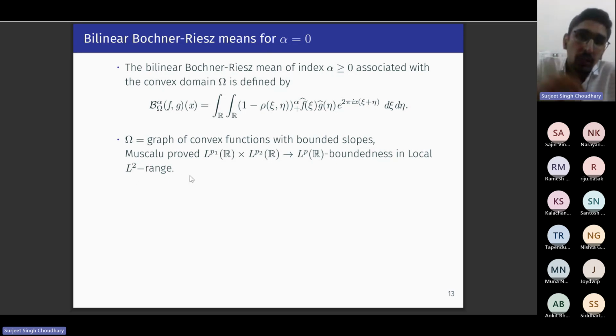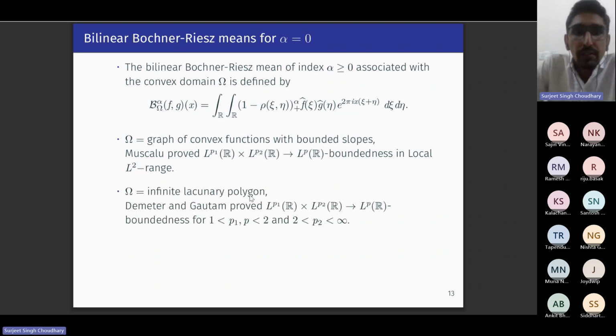This local L2 range is the range when p1, p2 are bigger than or equal to 2 and p is between 1 and 2. And when omega is an infinite lacunary polygon, Demeter and Gautam obtained Lp boundedness when p1 and p are between 1 and 2 and p2 is strictly bigger than 2.